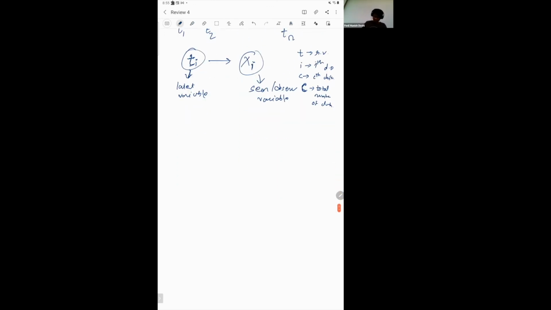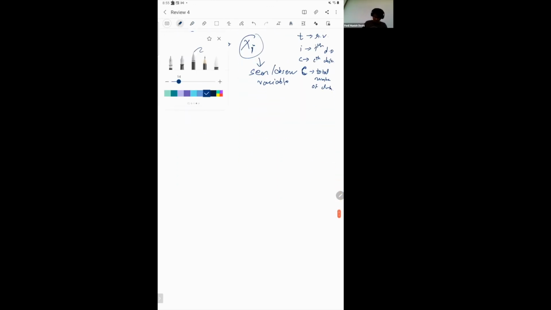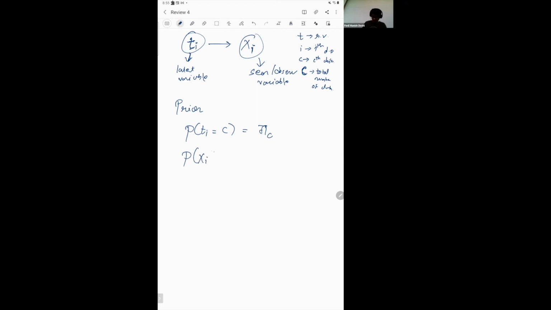So now we have set our priors. The prior is P of T_i equals c, which is pi c, and our posterior is P of X given T_i equals c.